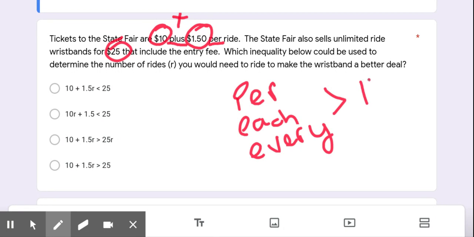So it's always the number that we're multiplying with the variable next to it. If it's an X, a Y, in this case, it's an R. So you have the number that's next to that per, each, or every with the variable next to it, because that's 150 times whatever variable. So it's going to be times, and it's going to have your variable.